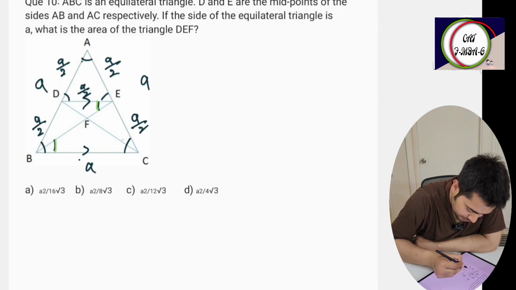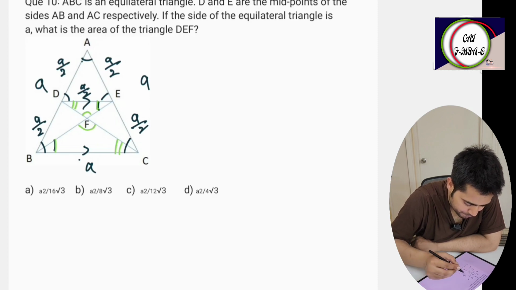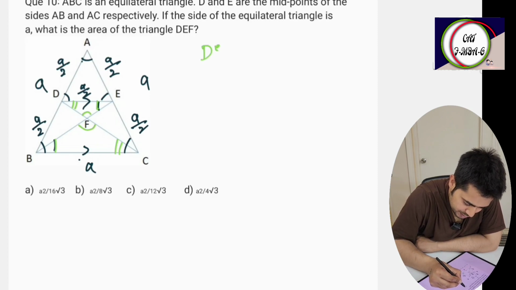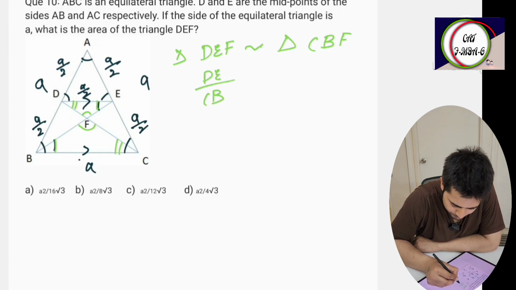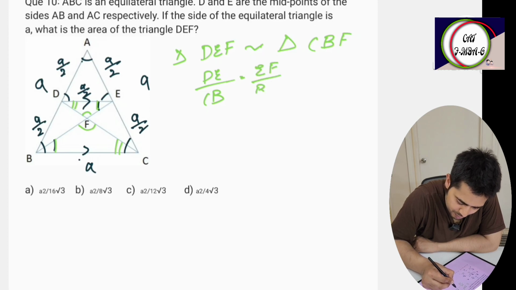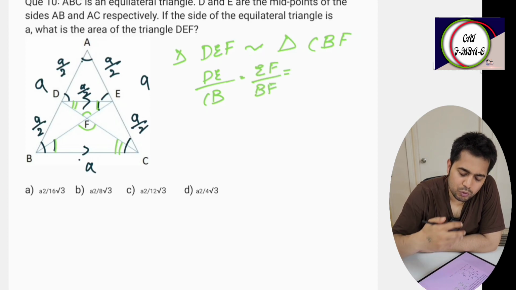Let me use a different color, and this angle is going to be equal to this angle, and this angle is going to be this angle. Okay, so we can say that triangle DEF is similar to triangle CBF. So if two triangles are similar, DE by CB is equal to EF by BF is equal to everything.